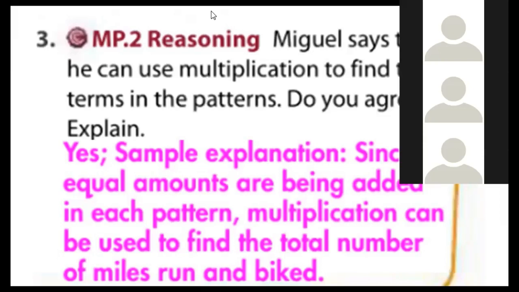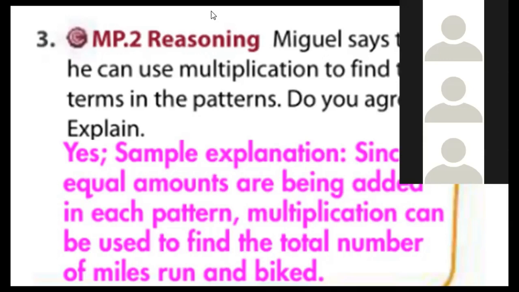As we said, the pattern here is based on a rule. This rule told you to add a certain amount each time. So when you repeat the addition operation, it will be what? Multiplication, because multiplication means repeated addition.